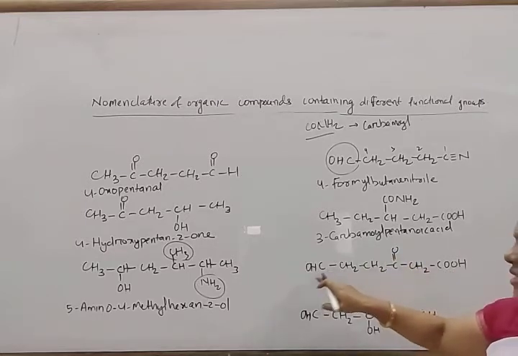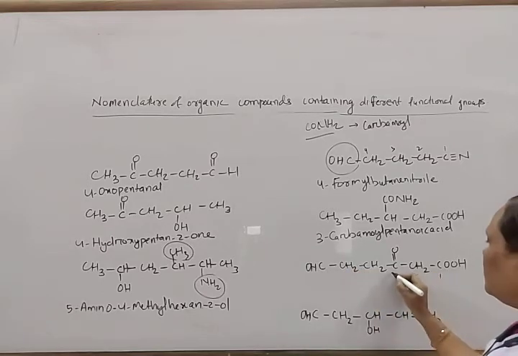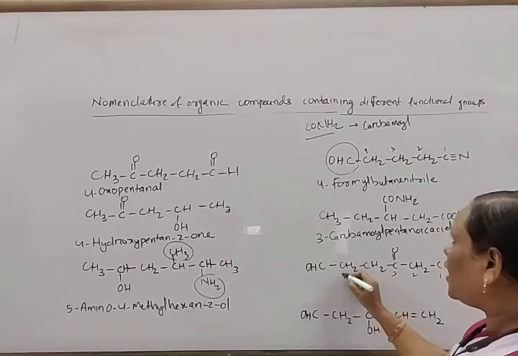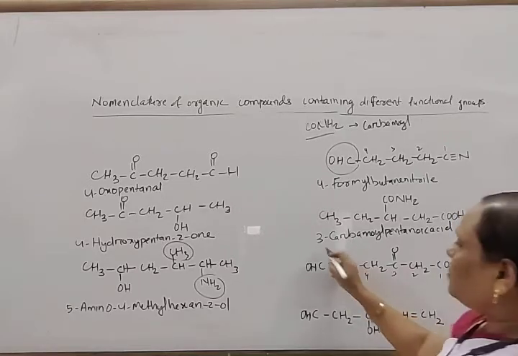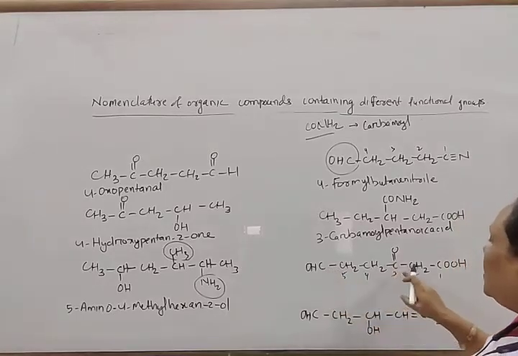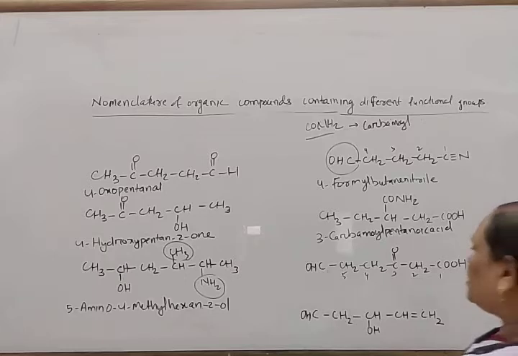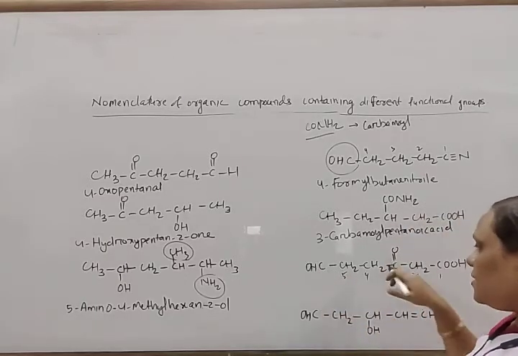Next come to here. CHO, CO, COOH all are present, but COOH has higher priority than the others. So in this way, 1, 2, 3, 4, 5, you have to count. At 5 position, CHO is there, known as aldo or formyl. At 3 position, it is keto or oxo, and 5 carbon atoms. So this is formyl and this is oxo.